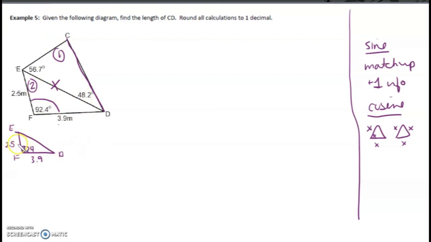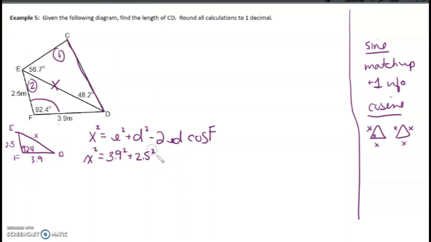So we're going to use cosine law, and I'm still going to call this X. We have X squared equals E squared plus D squared minus 2ED cos, and it would usually be cos X, but we're going to use capital F. E is 3.9 squared, D is 2.5 squared, minus 2 times 3.9 times 2.5 cos 92.4.